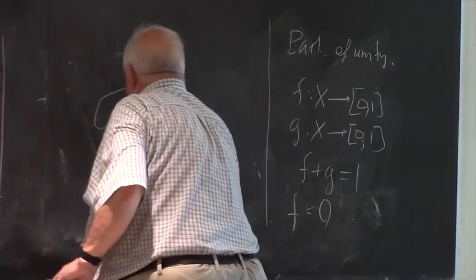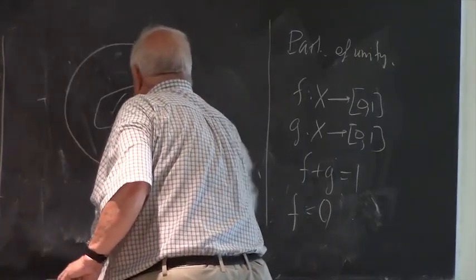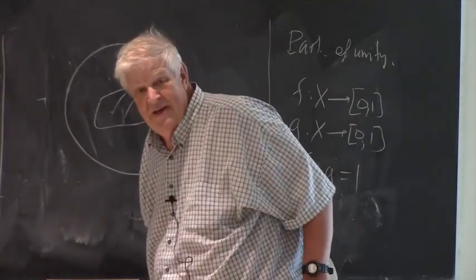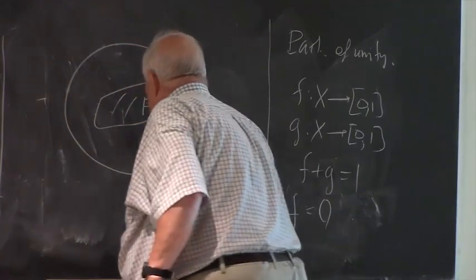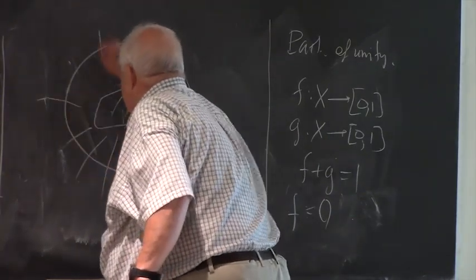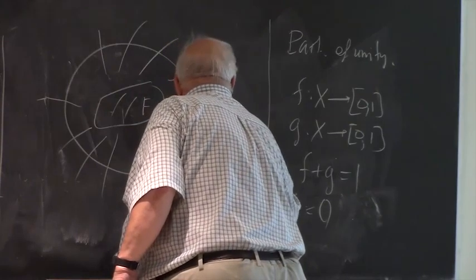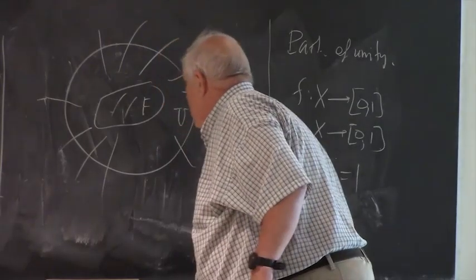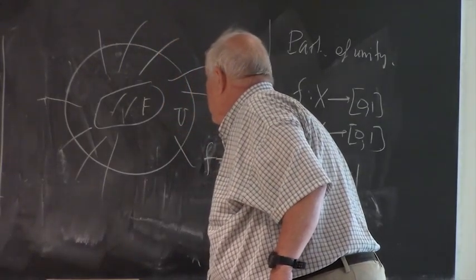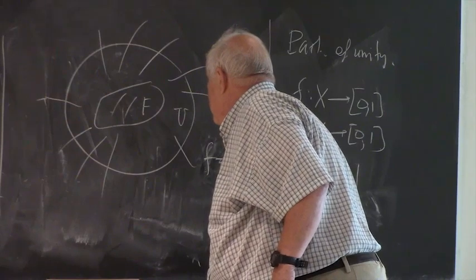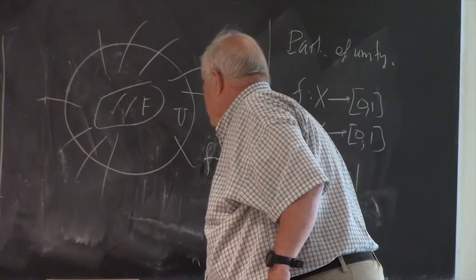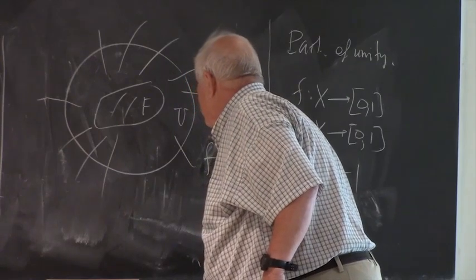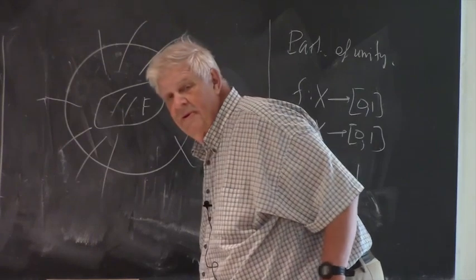So again, we have f, we have u. I have two functions, f and g. And f is 0 in the complement of v, and g is 0 in u.